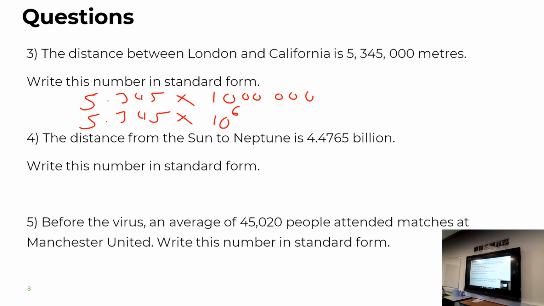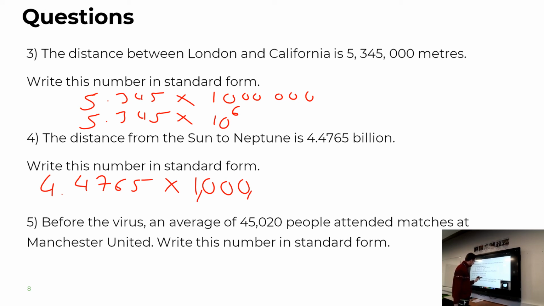A billion is classified as 1,000 million. So we've got 4.4765 times 1,000 million.